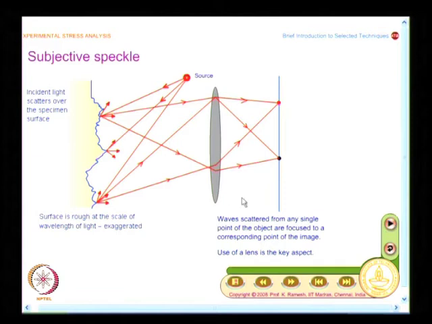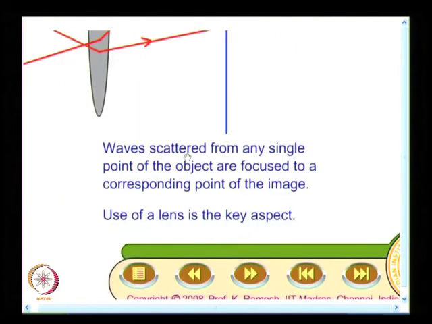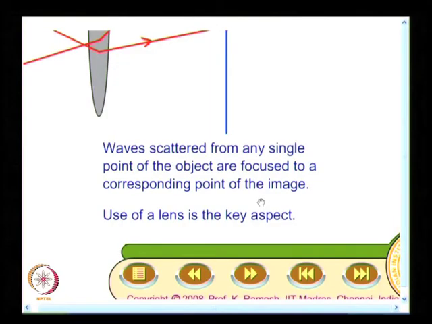So, this is the fundamental difference, and what is important here is waves scattered from any single point of the object are focused to a corresponding point of the image. That is a fundamental difference between objective and subjective speckle. So, when I come to subjective speckle, use of lens is the key aspect.